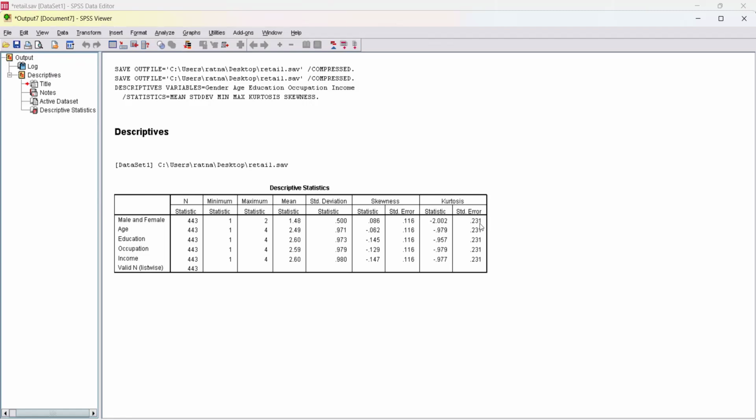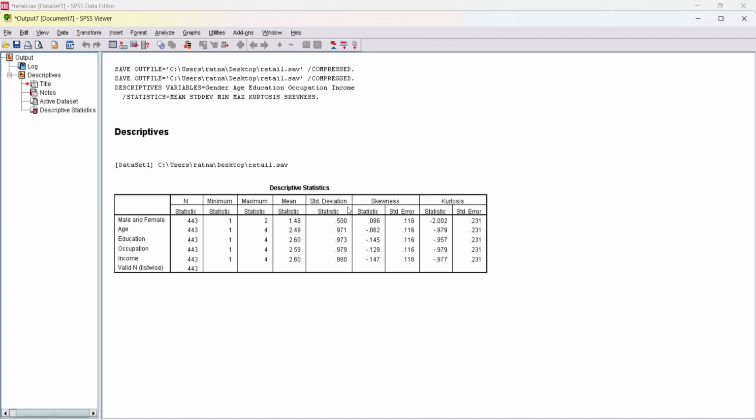Now let's look at the other four variables: age, education, occupation, and income. The mean values range from 2.49 to 2.60. That means they are all very close to the midpoint of the 1 to 4 scale, which suggests a relatively balanced distribution of participants across the different categories of age, education, occupation, and income.